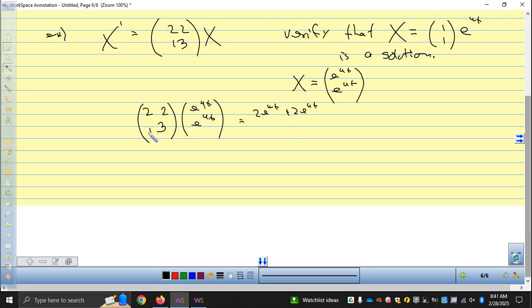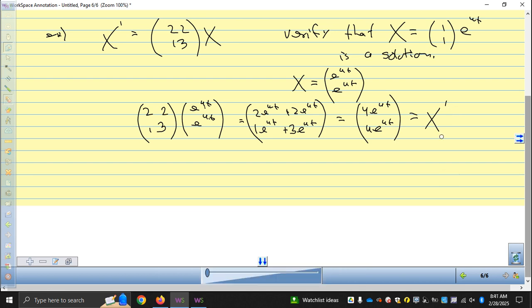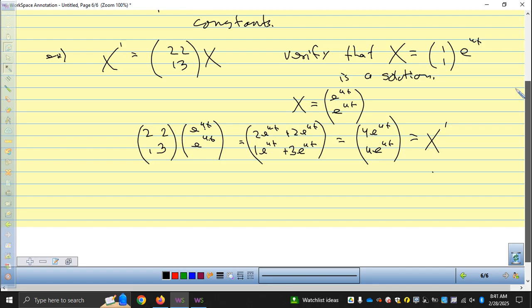And for the second row, we get 1e to the 4t plus 3e to the 4t, which is 4e to the 4t, 4e to the 4t, which equals x prime. So we've verified that our matrix times this gives us the derivative of this.